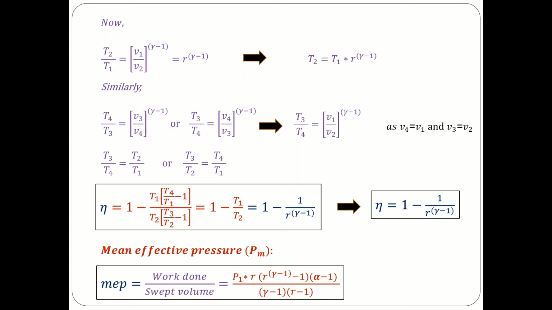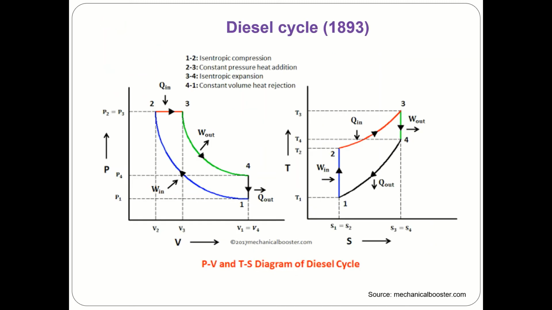I will not cover the derivation part, but this is an expression which is obtained for the mean effective pressure of an Otto cycle, by using the expression work done by swept volume. Swept volume is the volume which is swept between the top dead center and the bottom dead center. That is total volume minus the clearance volume.